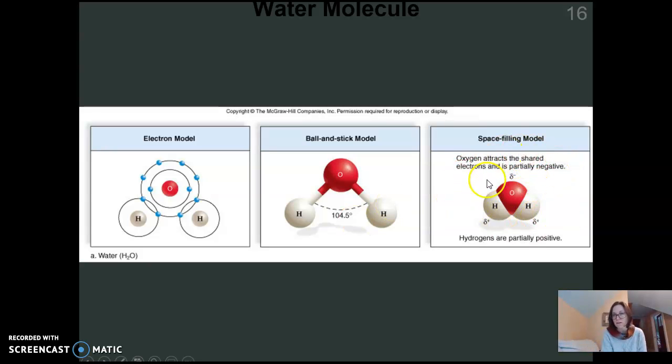This model over here is showing the slight charges. This little symbol here is the Greek symbol for sigma, and it means slight. The oxygen has a slight negative charge. The hydrogens have a slight positive charge because of the unequal sharing of electrons.